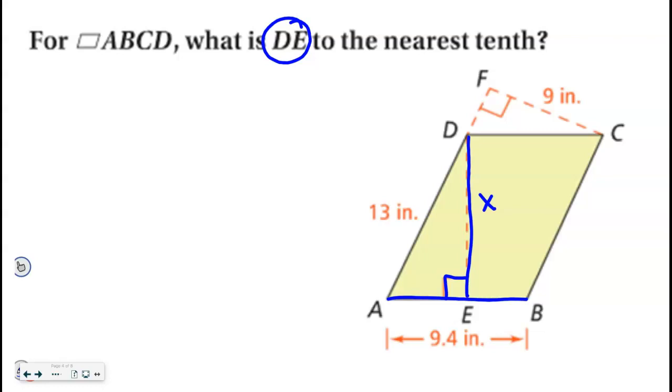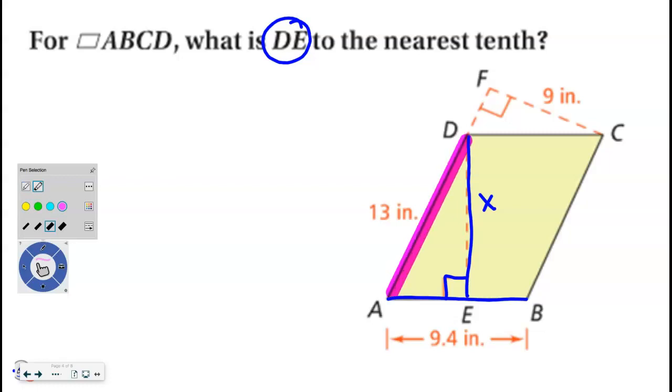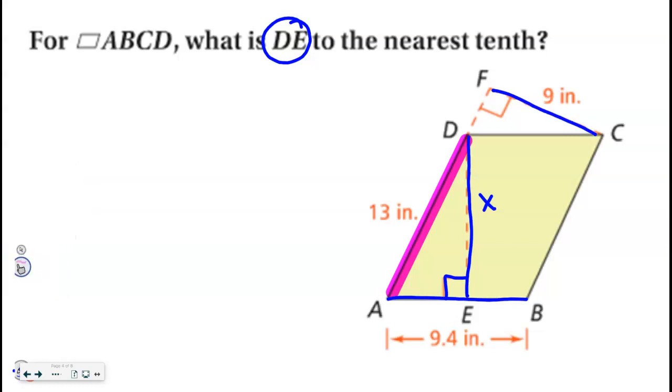But I don't know what the area is yet, except I actually know another base and a height to that base, correct? I've also got over on the other side a base of 13. So I'm going to go grab my highlighter here. I also can see I have a base of 13 and my height to that base. You might say, well, it's not even in it. It's not.